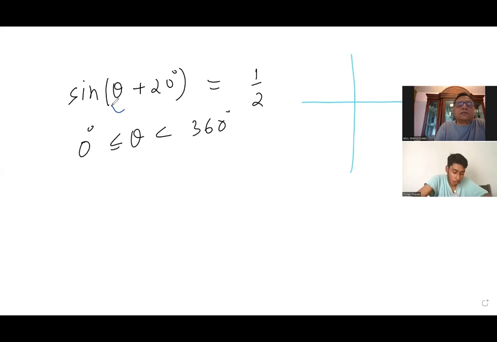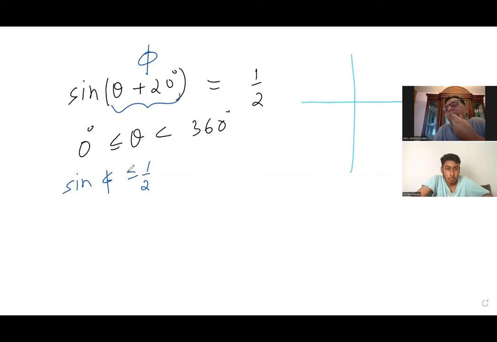Let us consider this angle to be some other angle phi. Is it okay? So we are writing sine of phi is equal to half, correct? So that means we will find some angle phi. Half is positive, which means we are expecting two solutions. This we know, right?